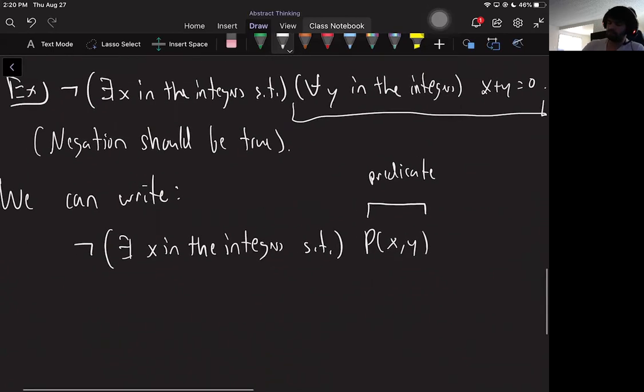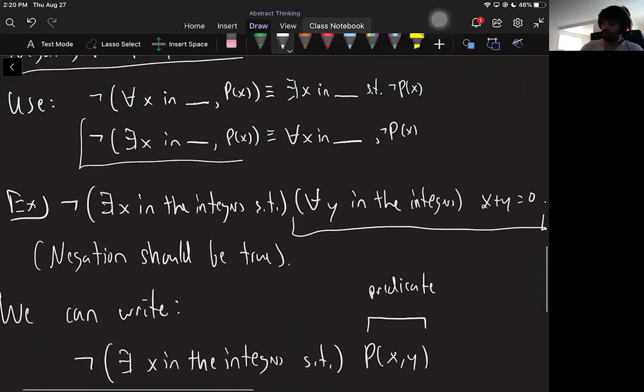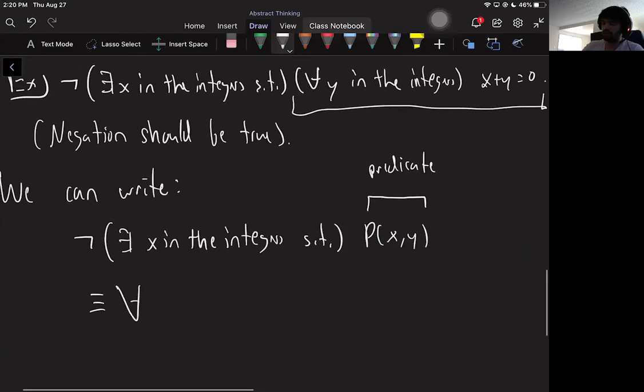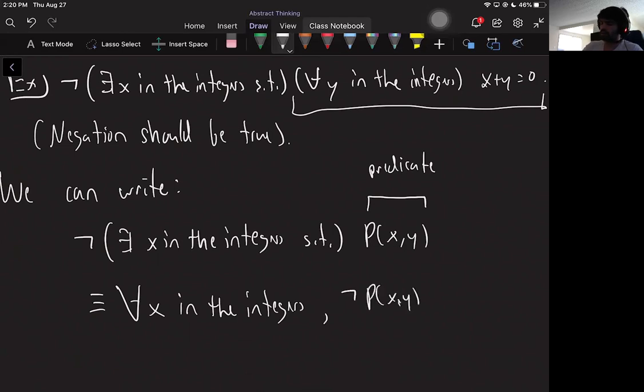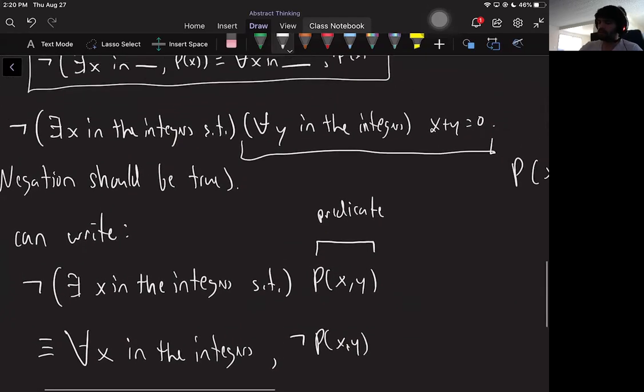Then we can use our rule up here. How do we negate a there exists? Well, it just becomes for all. So for any x in the integers, and then you negate the predicate. And then we remember, oh, that predicate is actually 2 pieces. So now I'll use that.